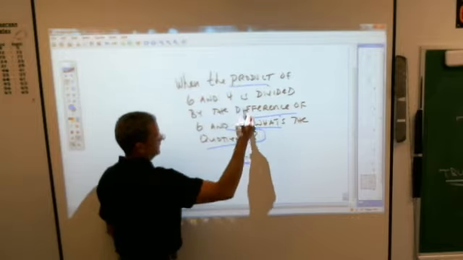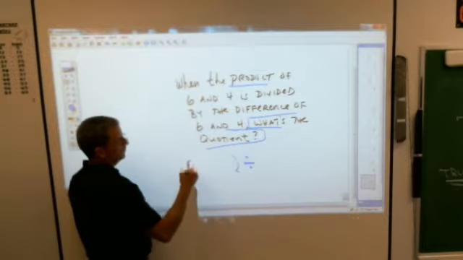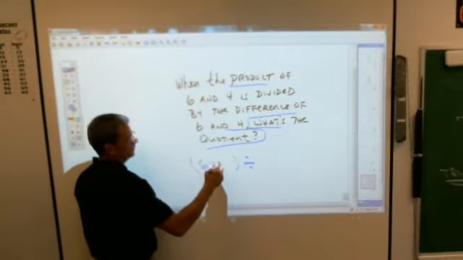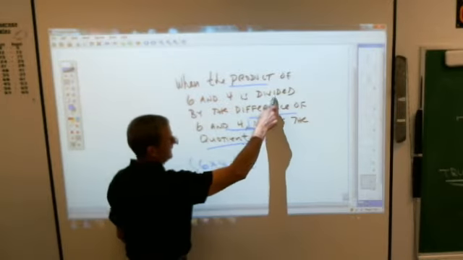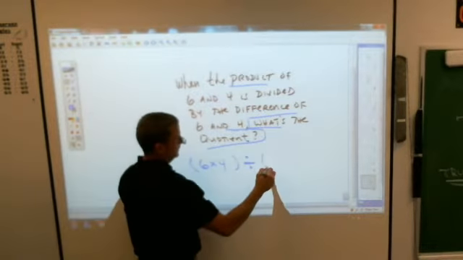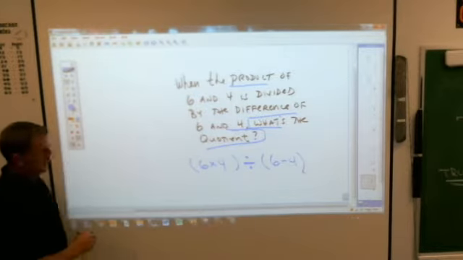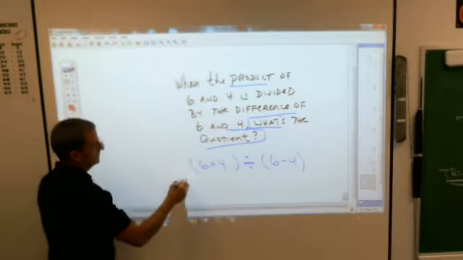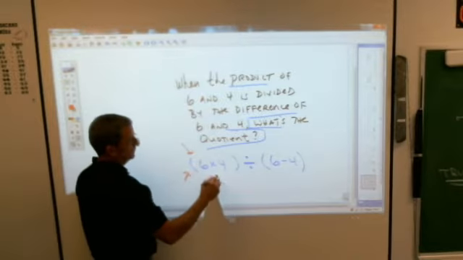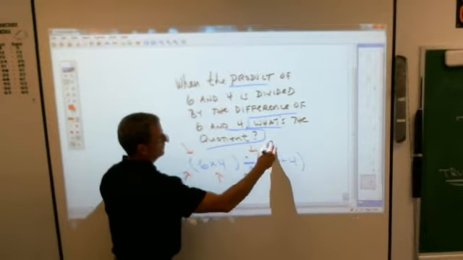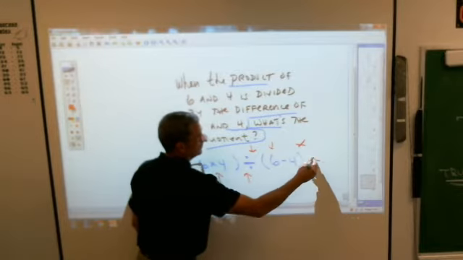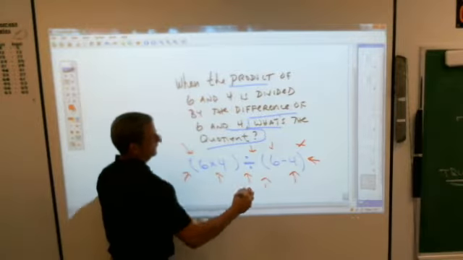What two things am I dividing? Well, the first thing is I'm taking the product, put a parenthesis there, of 6 and 4, and I am dividing it by the difference, which is 6 minus 4, of 6 and 4. And I would very much like to see this written on your paper so that it's clearly evident to all.